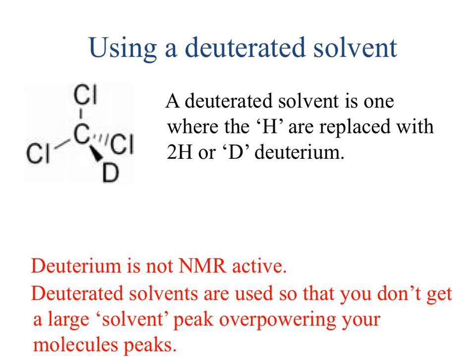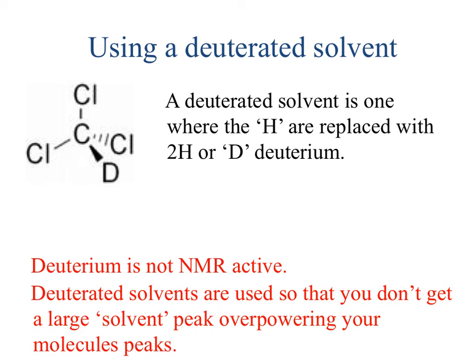Now, we said that when we were preparing the sample that we have got to pick a good solvent to dissolve our sample in. Now, if you turn to page 4, we've got a question in the middle of the page. Why do you think we pick a deuterated solvent? Now, if we deal with what a deuterated solvent is, it's one where the hydrogen atoms are replaced with either H2 or deuterium, and H2 and deuterium are really the same thing.